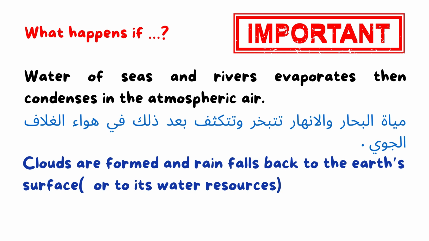So when this happens, this is a water cycle, as after that, the clouds are formed and the rain falls back to the earth's surface, or rain falls back to its water resources. Okay, as we can say, rain falls back to the earth's surface or to its water resources.